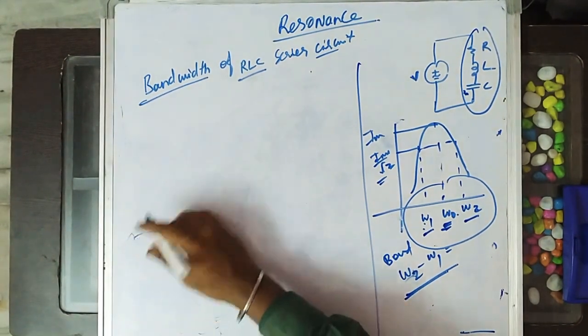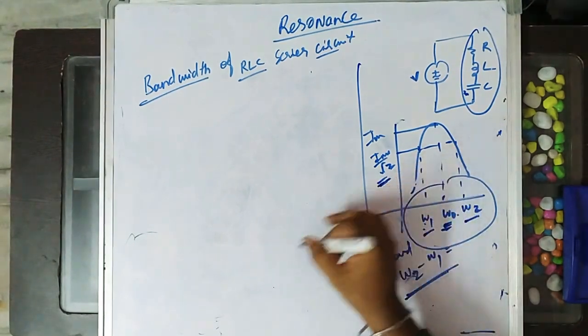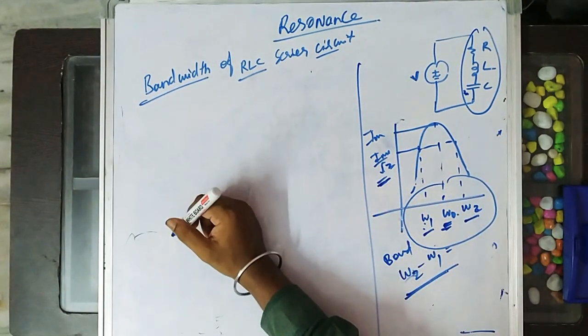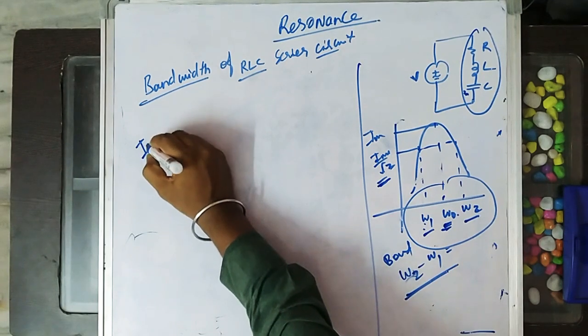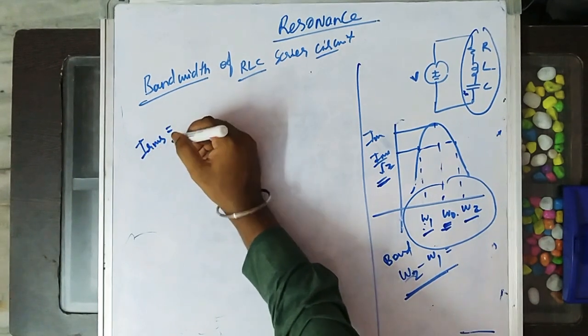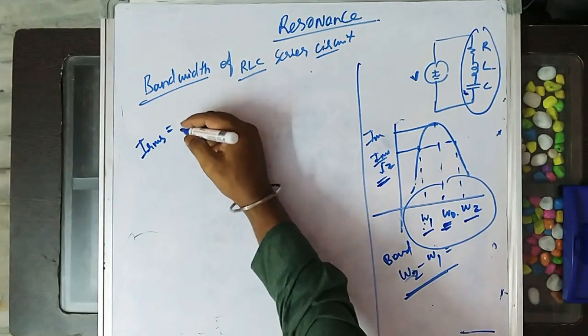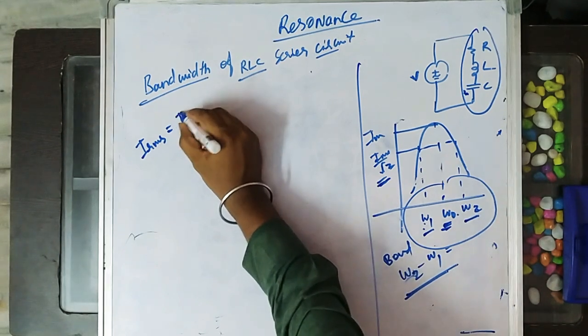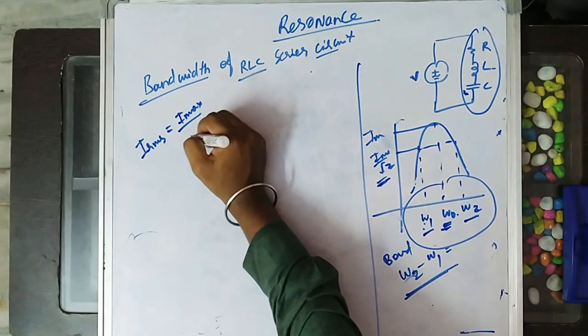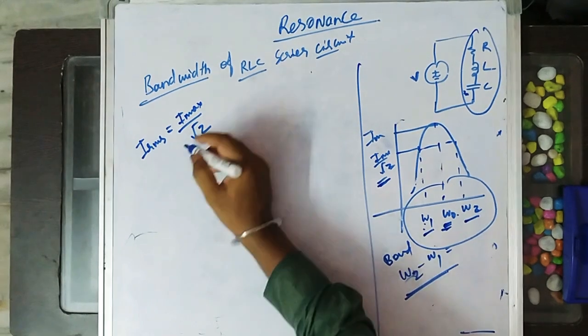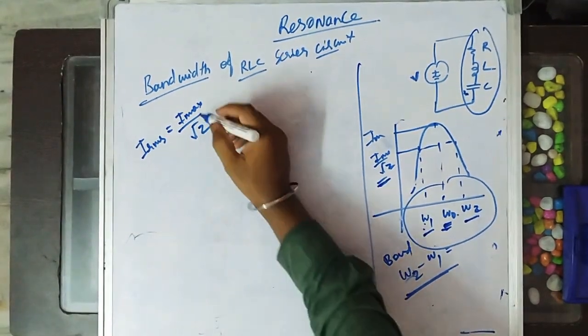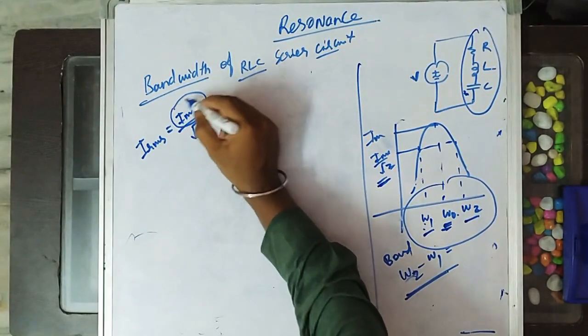Now, using this simple formula, we have IRMS in AC steady state analysis. IRMS equals Imax by root 2. Keep in view that this Imax occurs at resonance.